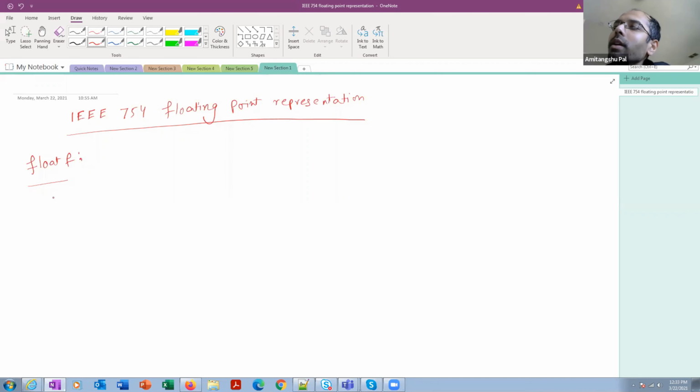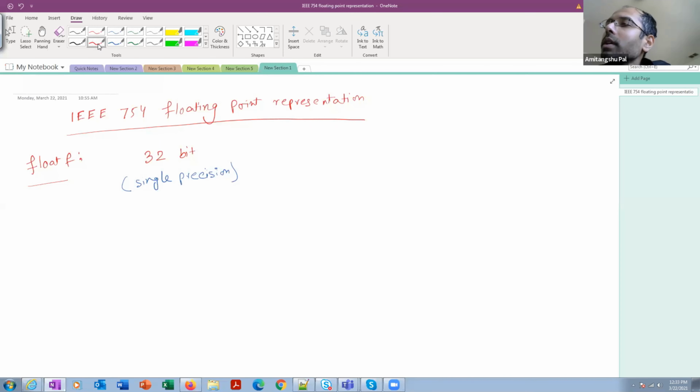Okay. So we are going to learn the 32-bit representation of floating point, which is also called single precision. Single precision floating point representation means 32-bit representation of floating point.